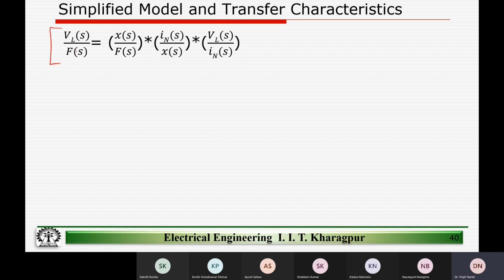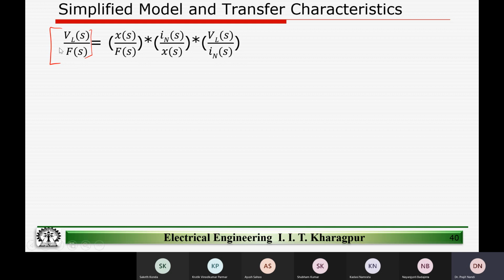So, but our goal was what? Our goal was to find the output voltage VL as a function of the force. So this expression can be rewritten. I'm doing a little bit of mathematical jugglery so that I can arrive at this point.